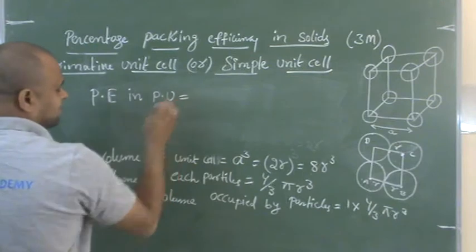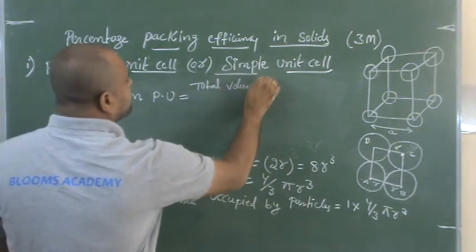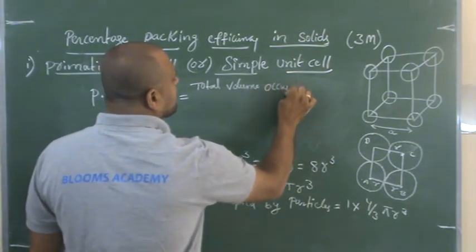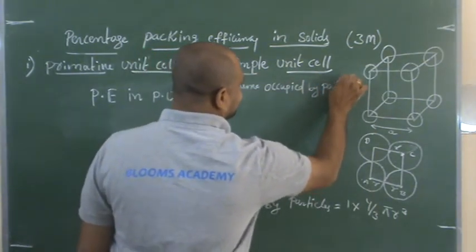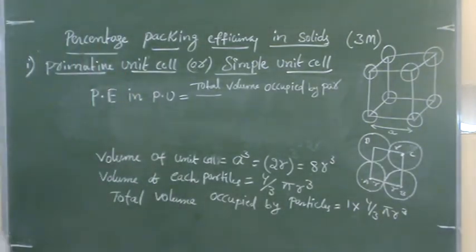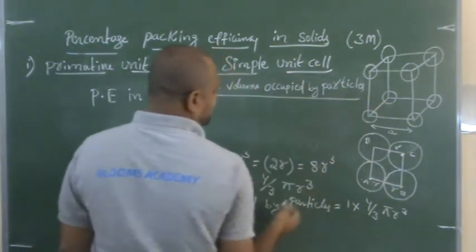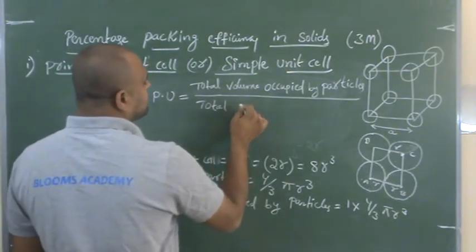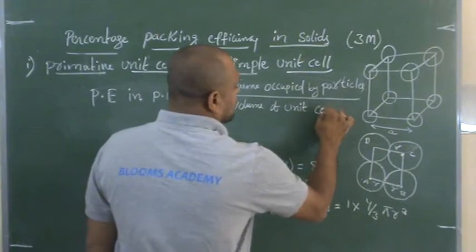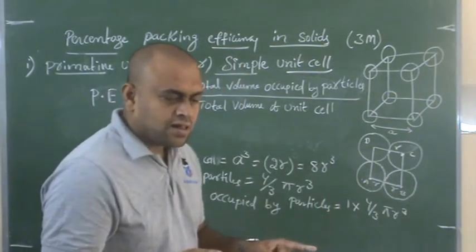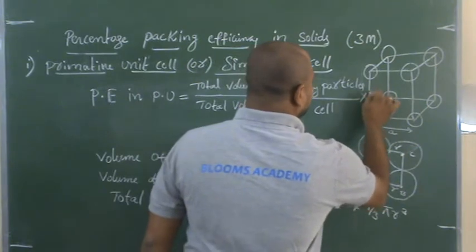Packing efficiency in primitive unit cell is equal to total volume occupied by particles divided by total volume of unit cell, multiplied by 100. So total volume occupied by the particles over the total volume of unit cell, into 100.